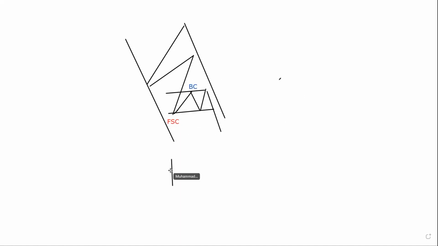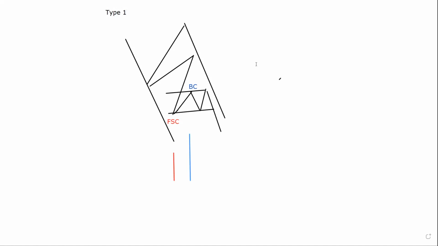Blue is the color of failed selling climax. This is the volume, and this is for the buying climax. So the buying climax will have larger volume than the failed selling climax in type 1, right? As I told you. Got it?